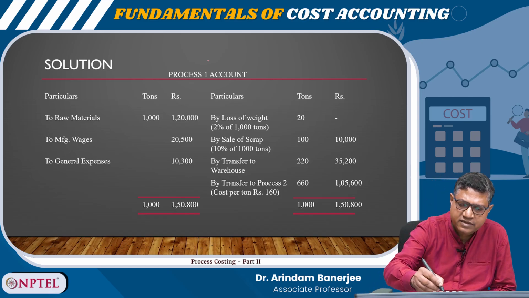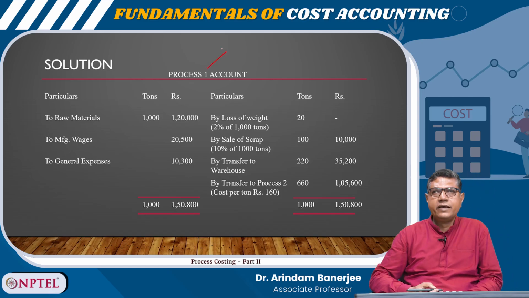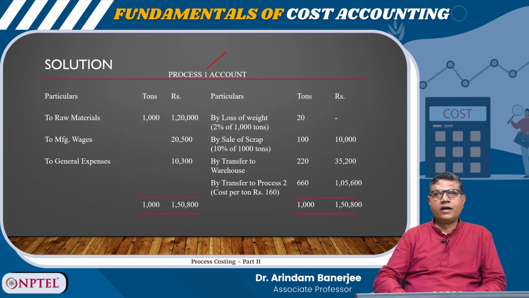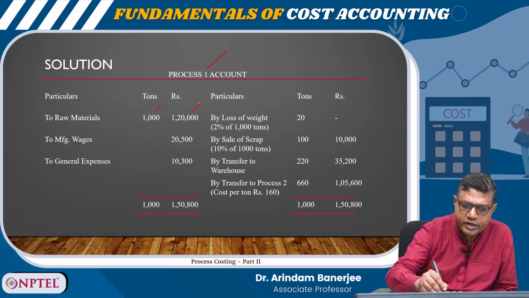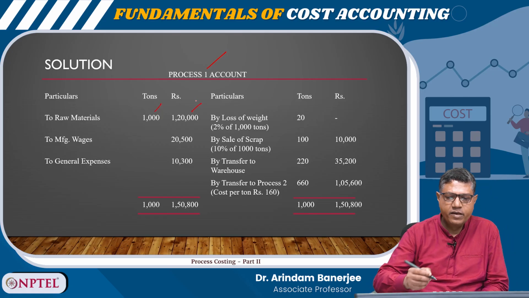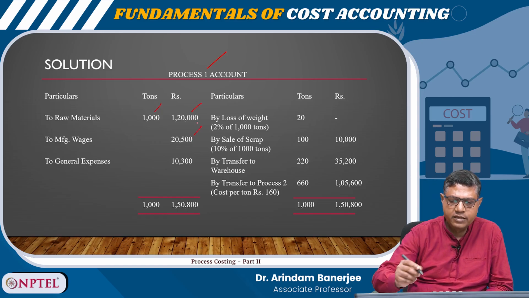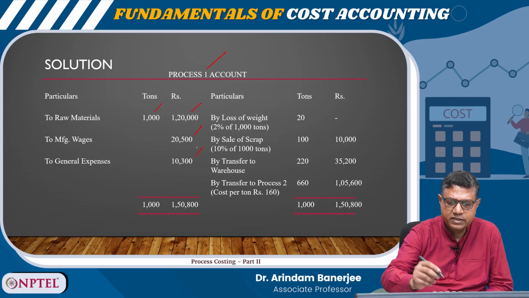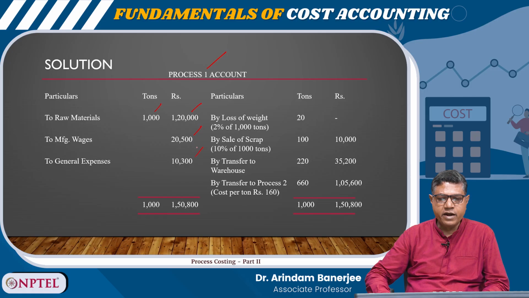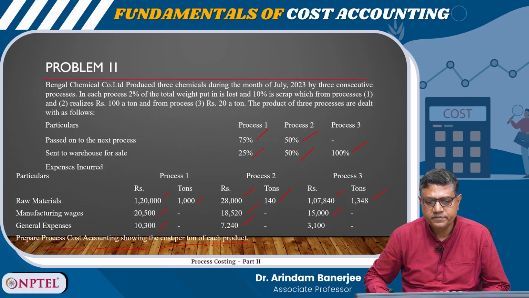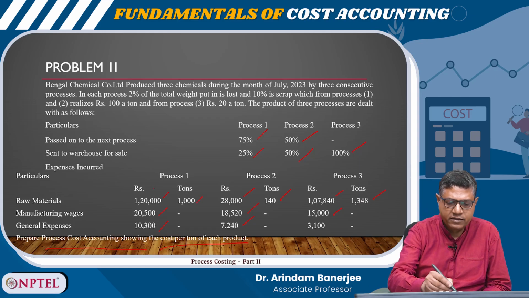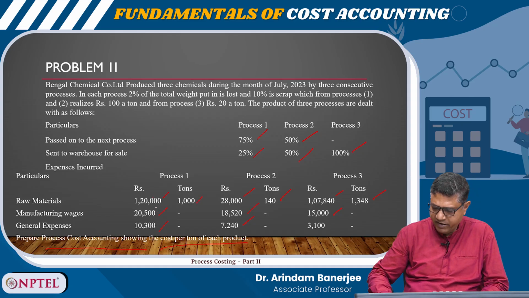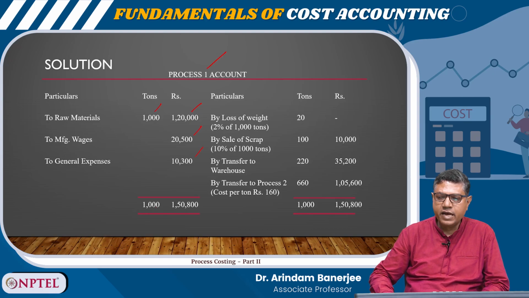So, first stage, I created the process 1 account, right. The process 1 account has 1,000 tons at a value of 1,20,000, manufacturing wages 20,500 and general expenses 10,300.